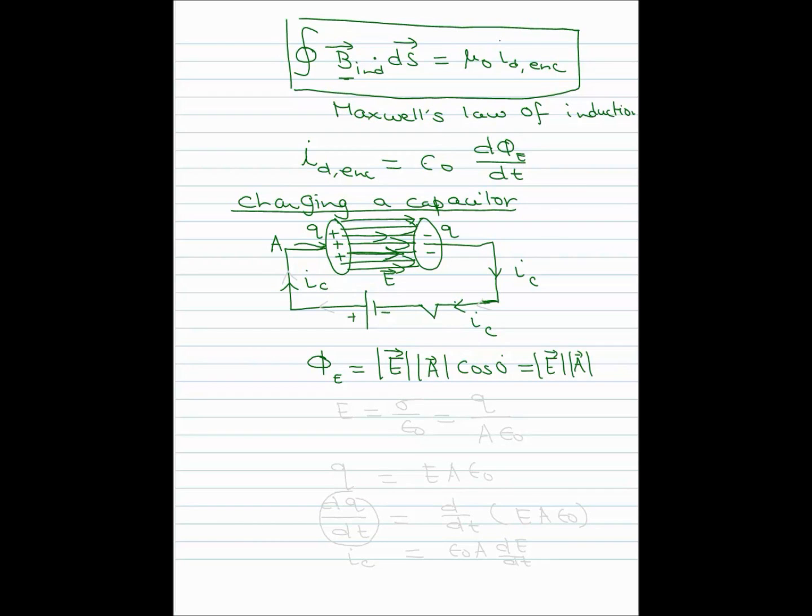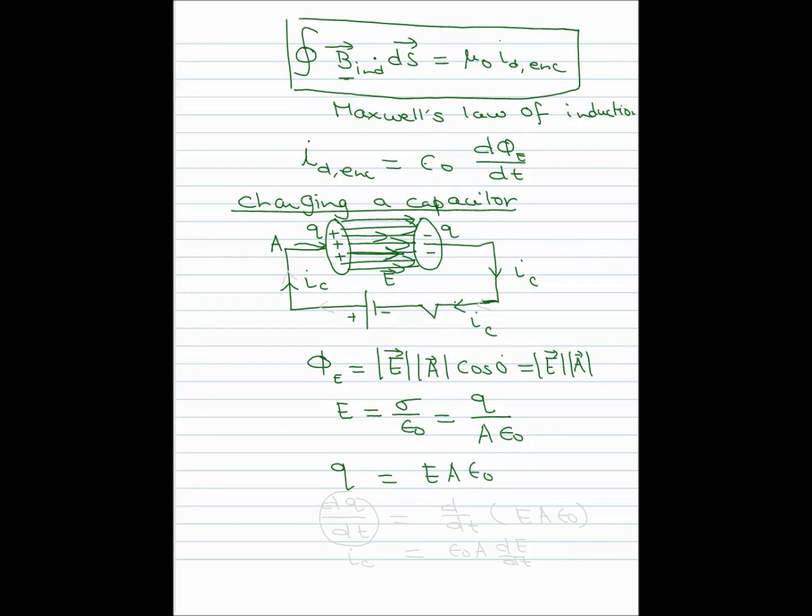Now, also remember that the electric field between the two plates of a parallel plate capacitor had the magnitude sigma over epsilon 0. And sigma was nothing but Q divided by the area of the plate. So basically from here we can see that Q can be written as E A epsilon 0.